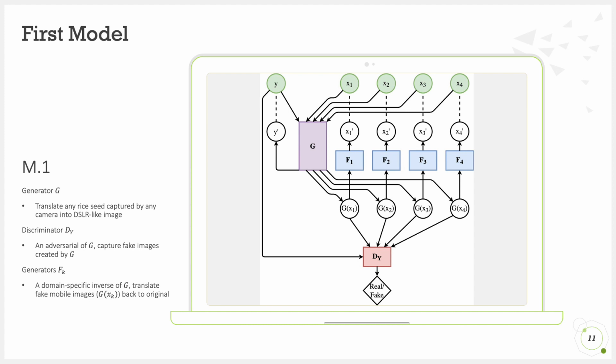The first architecture is also adapted from CycleGAN, which consists of a generator G, which translates the input images from any domain into DSLR, a discriminator D_Y, which discriminates real and fake DSLR images, and generators F_K, which translate fake DSLR back to their original subdomains.